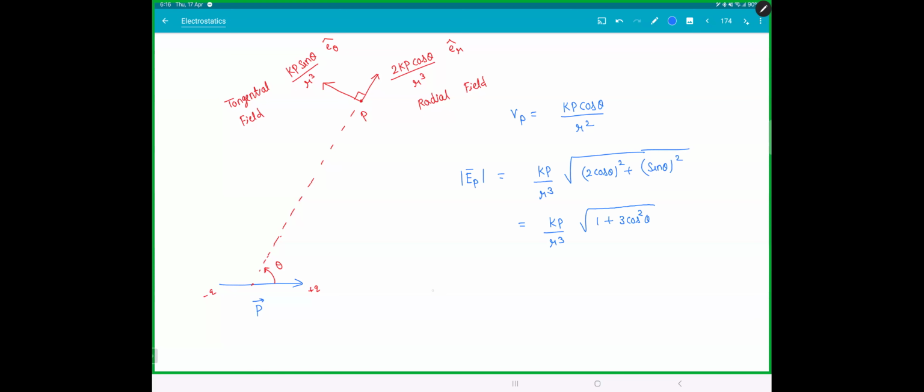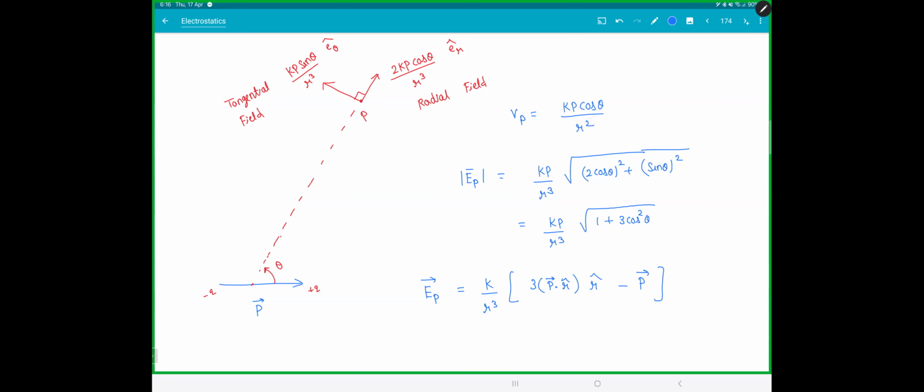You can also write this in a vector form. EP bar is given by k by r cube into 3 times p bar dot r cap into r cap minus p bar. This is a vector form.